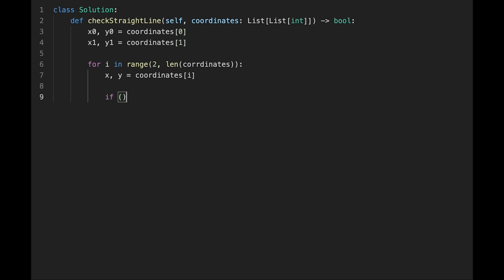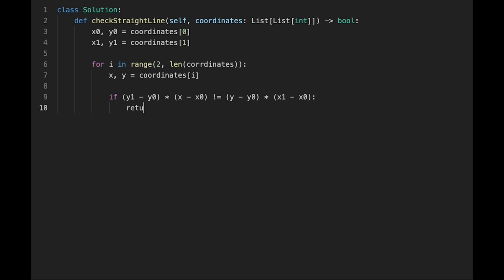So if (y1 minus y0) multiply (x minus x0) is not equal to (y minus y0) multiply (x1 minus x0), in that case, they are not the same, so immediately return false.